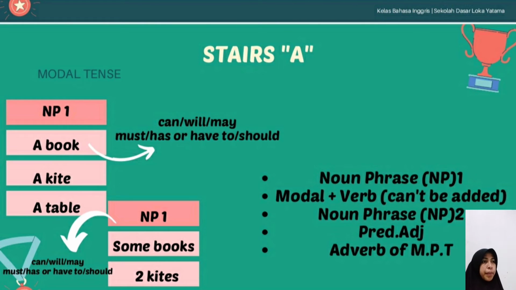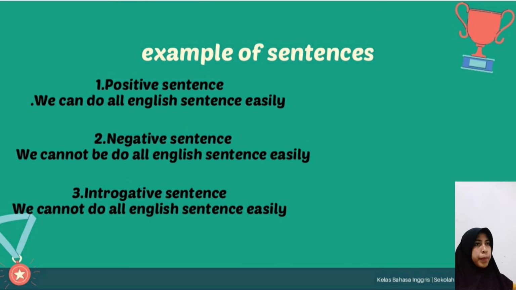As for the steps: 1. Noun phrase NP1, 2. Modal plus verb, 3. Noun phrase NP2, 4. Predicative adjunct, and 5. Adverb of MPT.